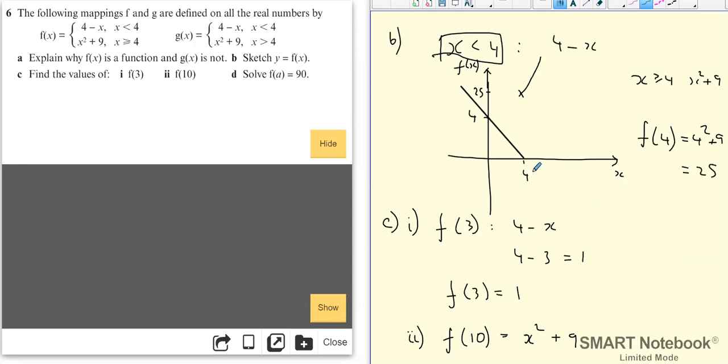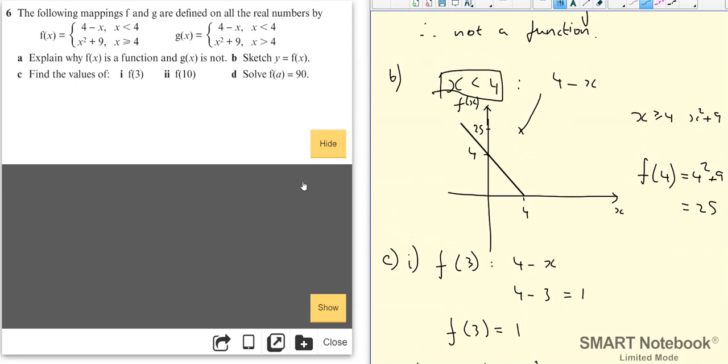Now, for part D, it's saying solve f of a equals 90. What does that look like on this graph for part D? Can you describe what part D will look like on this graph? So the way I think about it is I need to draw a horizontal line at y equals 90.